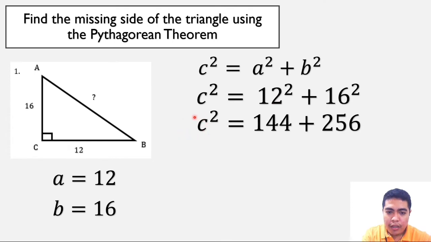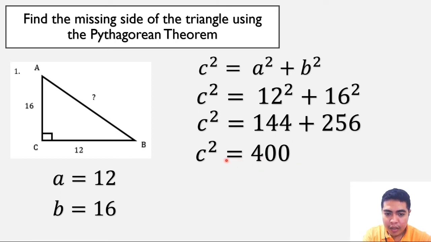C squared is equal to 144 plus 256, because 12 squared is equal to 144 and 16 squared is equal to 256. C squared is equal to 400.